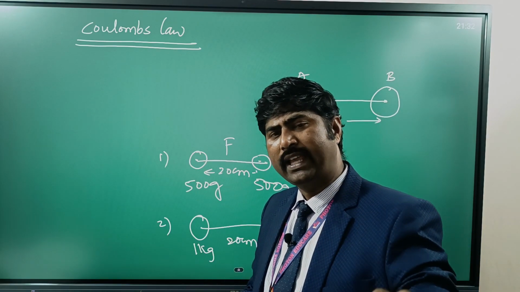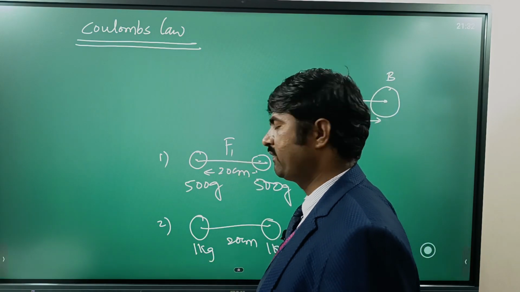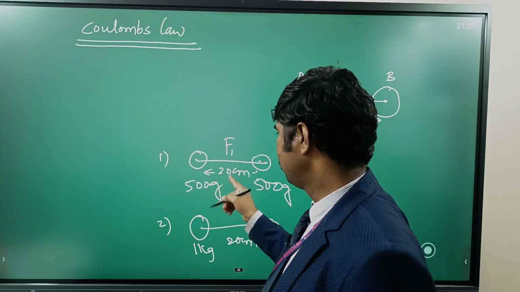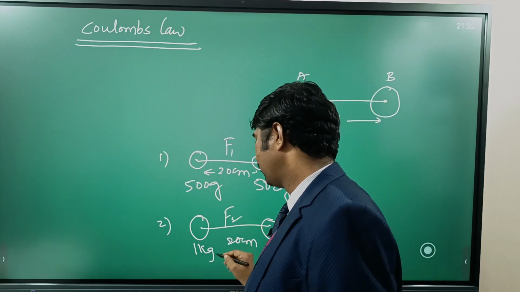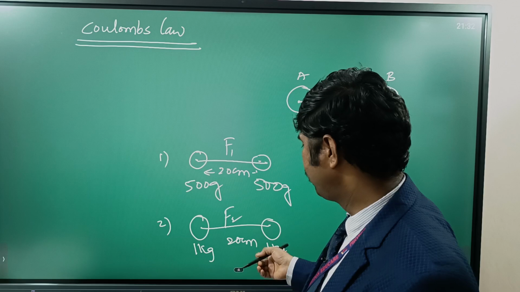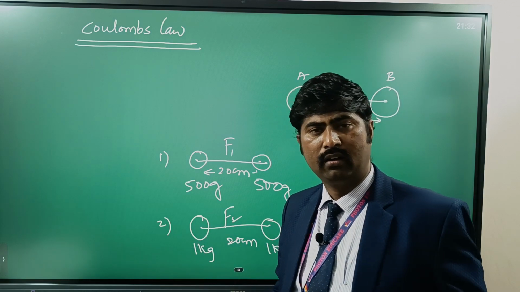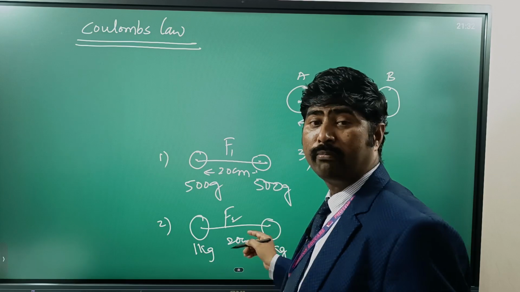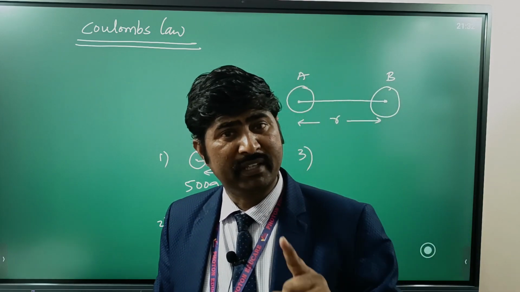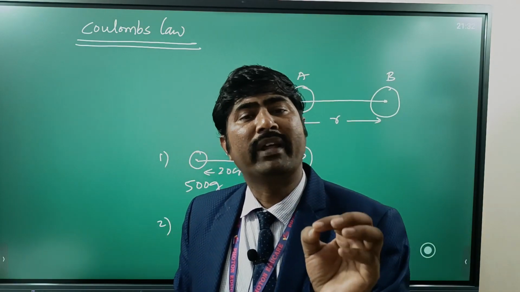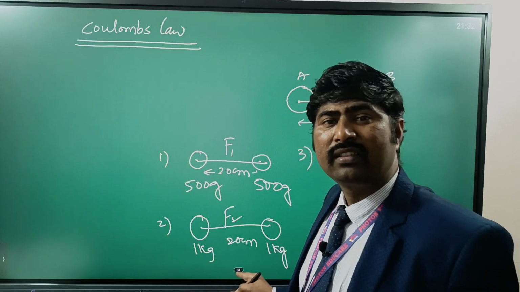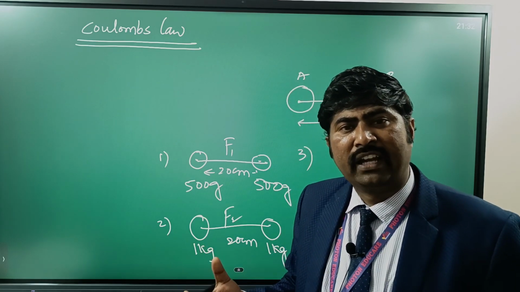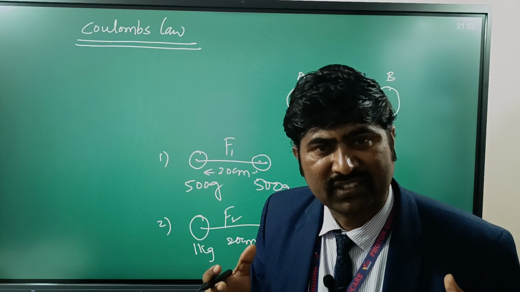So what I meant to say is, you observe the first one is 500 gram with force F1, and the second force F2 is increased because the magnitude of the magnet mass is increased. Then in the third case again you have increased, but keeping the distance the same. When you keep the distance the same and increase the magnitude of the magnet, the force of attraction increases.